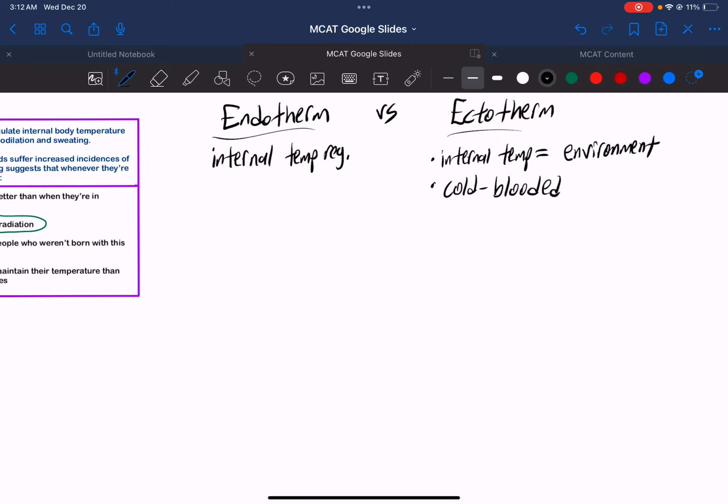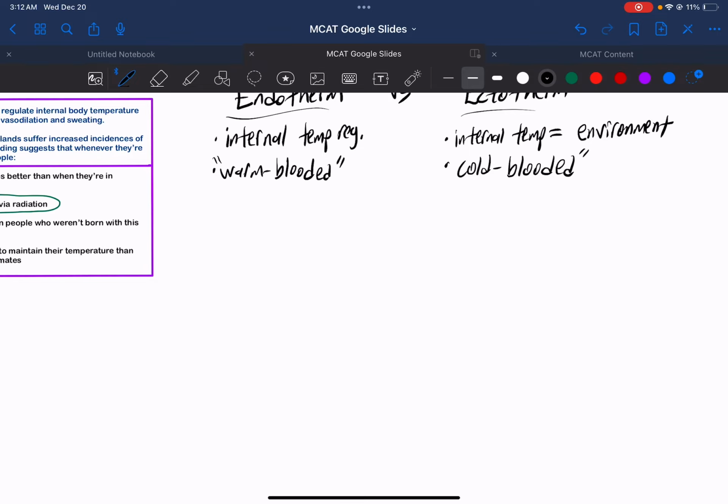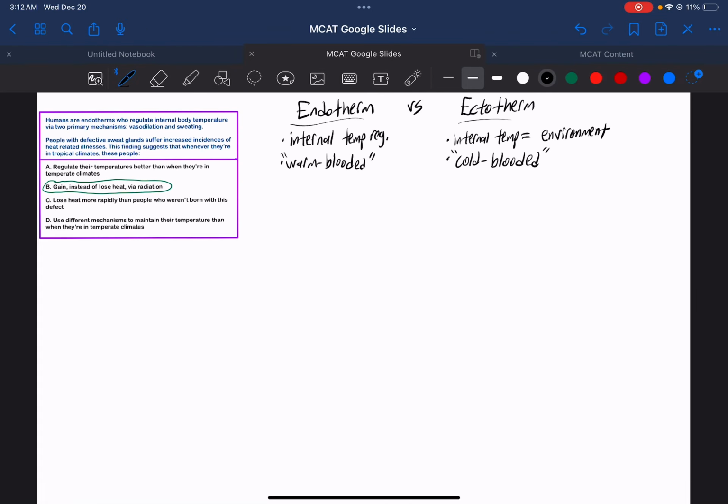And this is actually the definition of warm-blooded. Okay. So that's the first thing, I believe. Understanding that, if you knew that, then it would help you answer this question correctly.